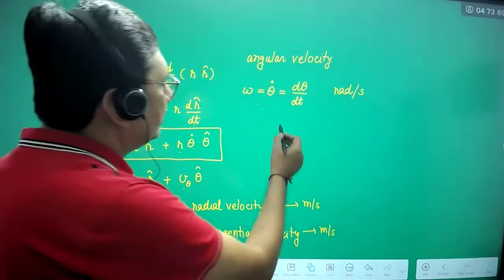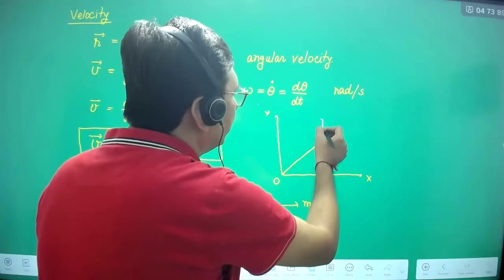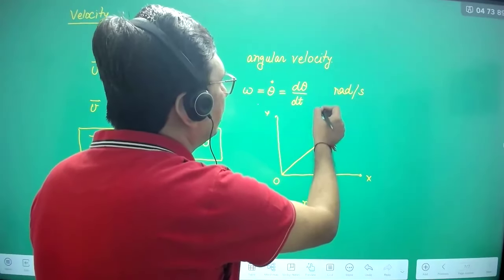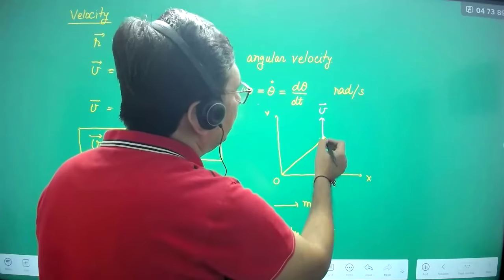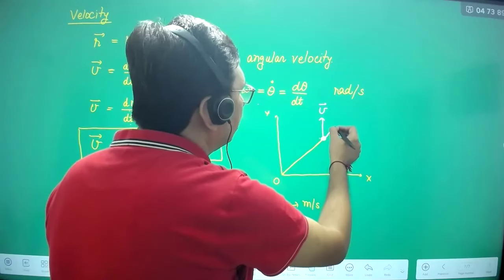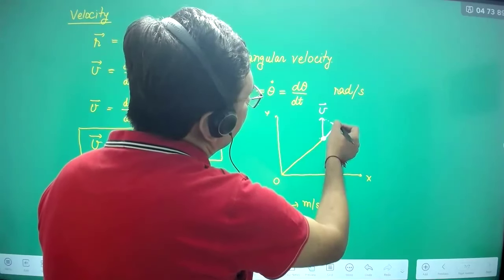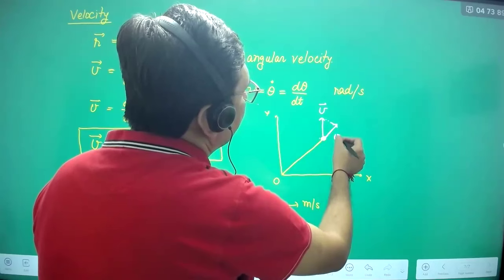Now try to understand, if you have a particle like this, it is moving. This is O, this is the x-axis, this is the y-axis, and here I have a particle. This particle has some velocity v, and it is moving in this direction. The component of this velocity in the direction of r cap will be vr.